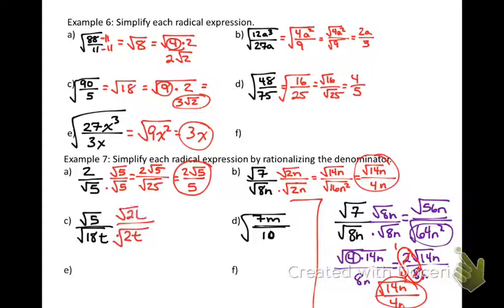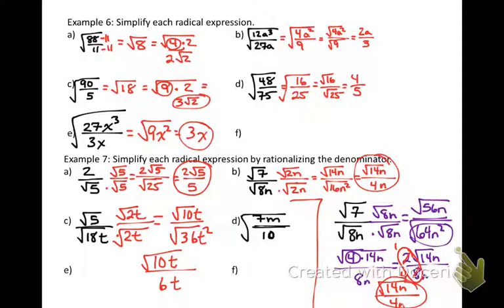So square root of 2t on top. Again, you can multiply by 18t and go through and reduce if you want to. So that's going to be square root of 10t over 36t squared. So square root of 10t, because there's nothing you could break it into, and that would be 6t. Again, you can't reduce those because one's in a square root and one's not.